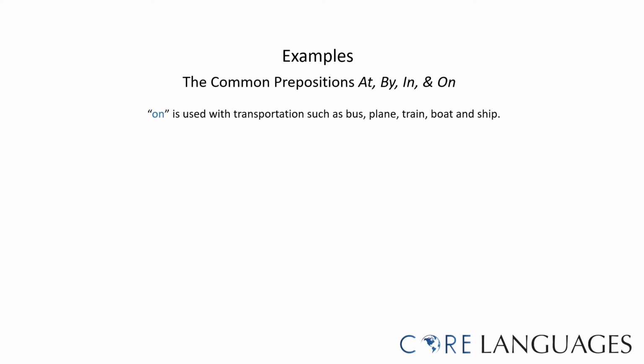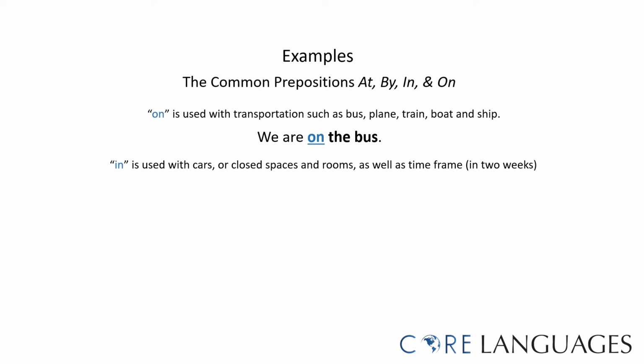For example, on is used with transportation, such as bus, plane, train, boat, and ship. For example, we are on the bus, or we are on the plane. In is used with cars, or closed spaces and rooms, but we can also use in for a time frame.